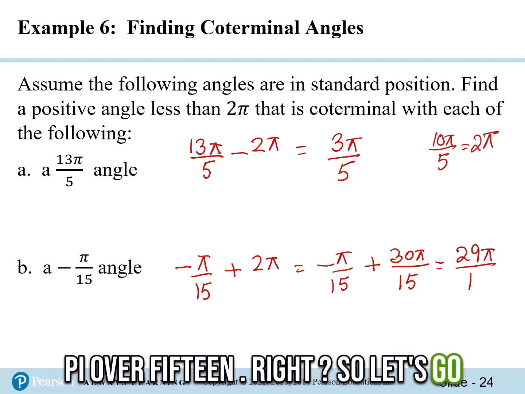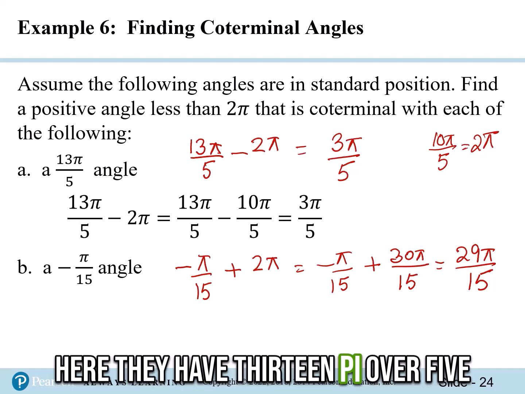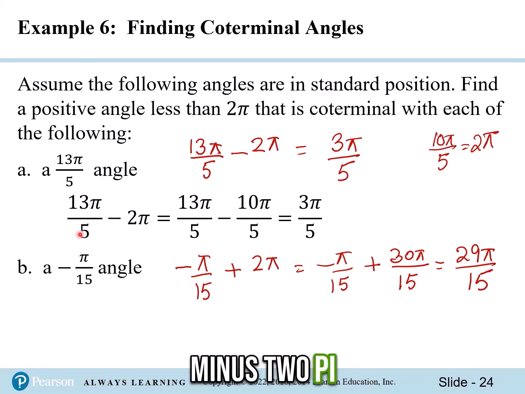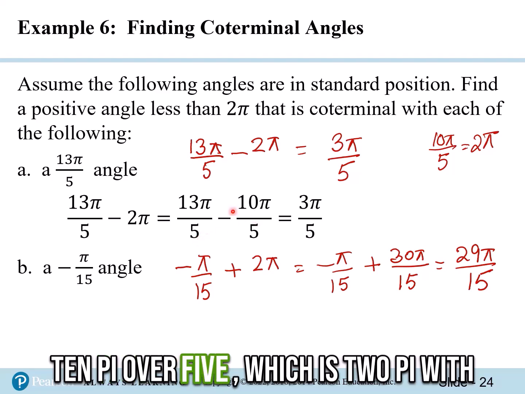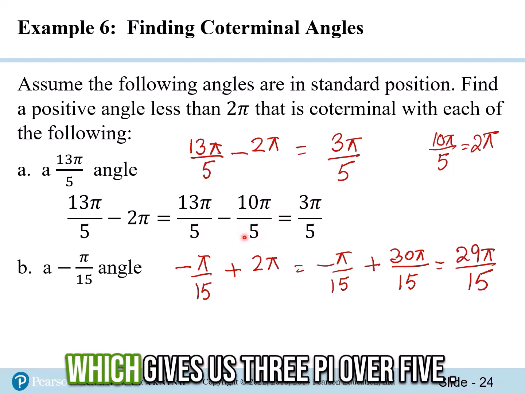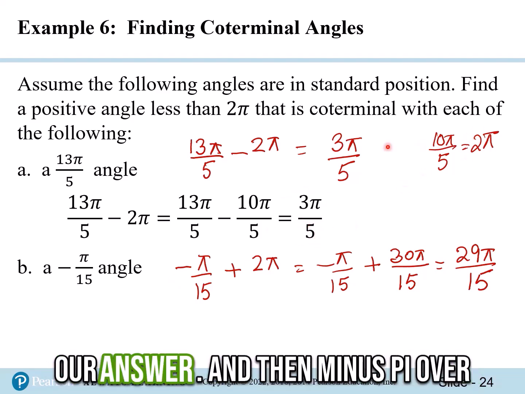Right, so let's go ahead and check the answers. Here they have 13 pi over 5 minus 2 pi equals 13 pi over 5 minus 10 pi over 5, which is 2 pi with the same denominator, which gives us 3 pi over 5. Correct, exactly what we found for our answer. And then negative pi over 15.